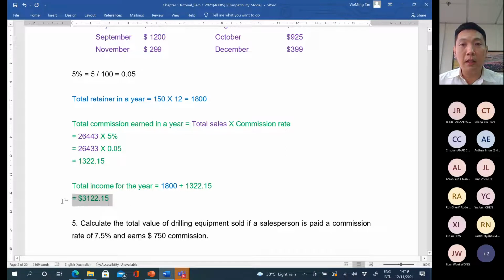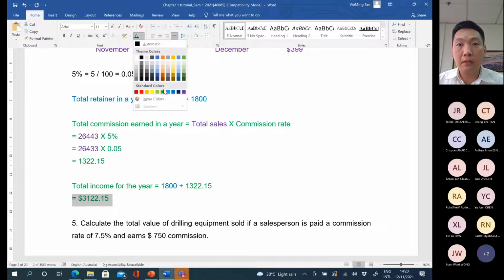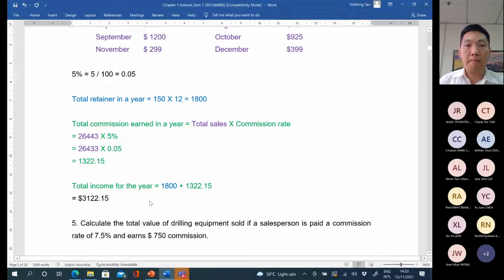Total income earned by a salesperson in a year. I use black to indicate this is the final answer. Okay, any other questions? The pattern of the question can be slightly different, but actually we apply the same concept.